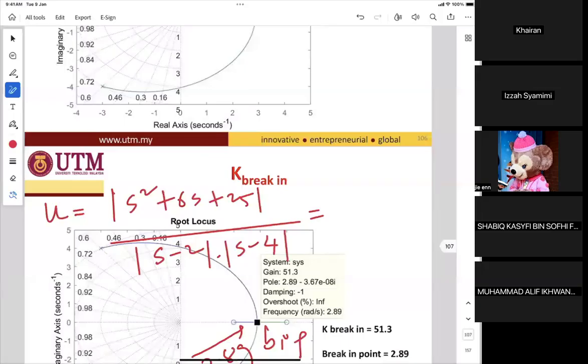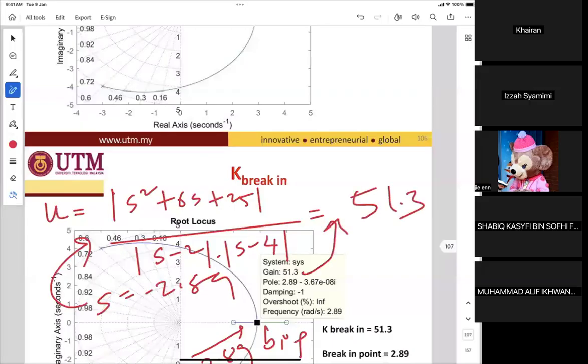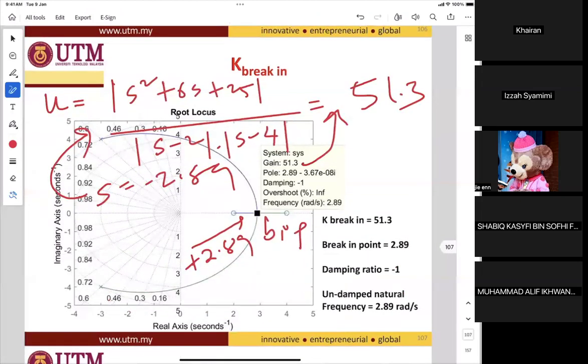Which is equal to 1. Side equal to? 51.3. Thank you. 51.3, guys.